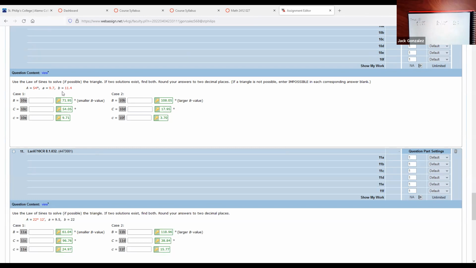So all we need to do is find C2 and C2. So 180 minus 54 minus 108 is 18. So find both C's and we're good.